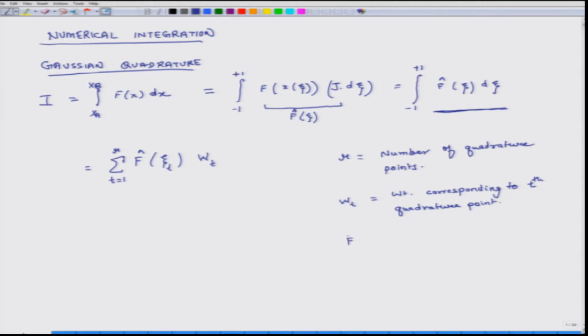And f hat(zeta t) equals the value of function f hat(zeta) at tth quadrature point.